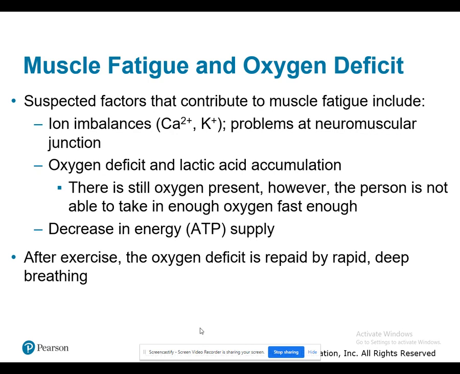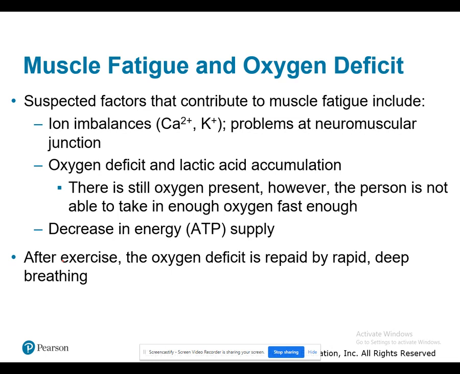It doesn't mean that there's no oxygen. There's still oxygen present. However, we're not able to take in oxygen fast enough for us to do aerobic respiration. So it starts using anaerobic as a pathway and lactic acid builds up. And since we're not able to take in enough oxygen, it decreases our ATP supply.